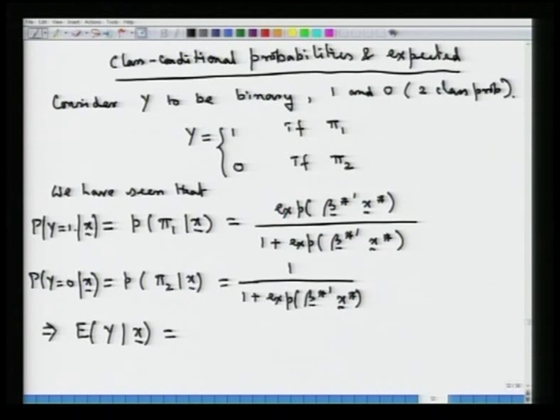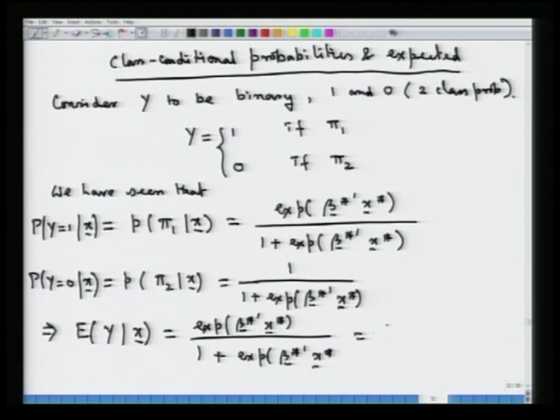This takes the value 1 with this probability and 0 with this probability, and hence the conditional expectation of y given x is just going to be given by this particular expression, which is e to the power beta star prime x star, divided by 1 plus e to the power beta star prime x star, which by the way is nothing but p pi 1 given x.